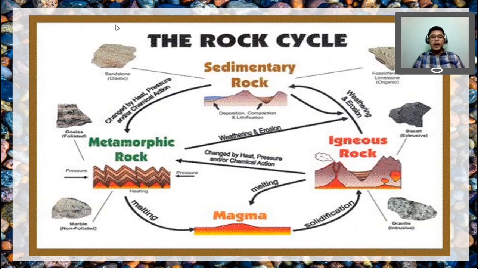Another thing is that a sedimentary rock can be transformed into another type of sedimentary rock if it also undergoes weathering and erosion, and the sedimentary rock itself becomes sediment, so it can still become a new sedimentary rock. Then for the igneous rock, when it melts and undergoes cooling and solidification again, it can become a new igneous rock. And also, same thing goes with the metamorphic.